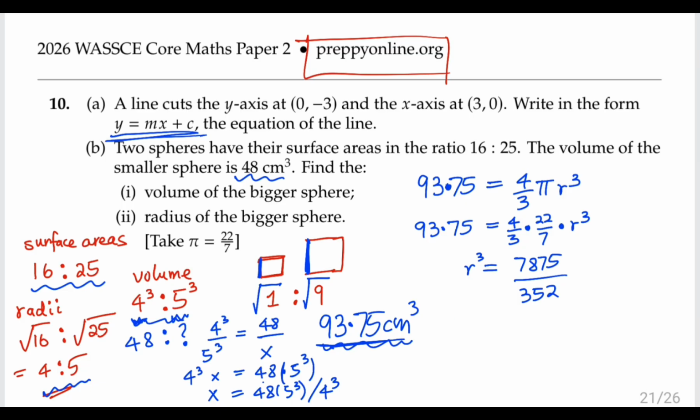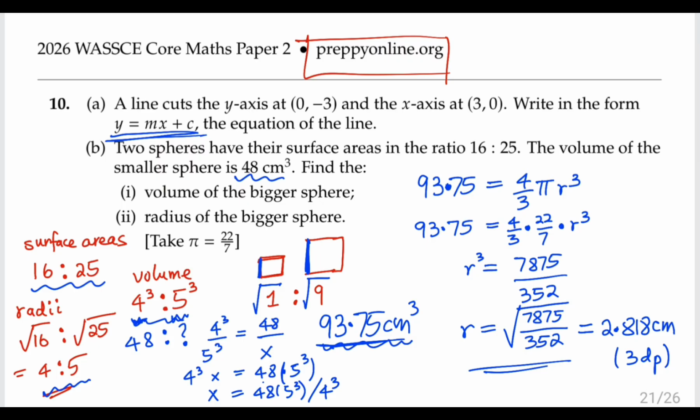And so you take the cube root of that. r is going to be the cube root of 7875 over 352, and that is equal to 2.818 centimeters to 3 decimal places. So if you round it to 3 decimal places, that's what you're going to get for the radius of the bigger sphere.